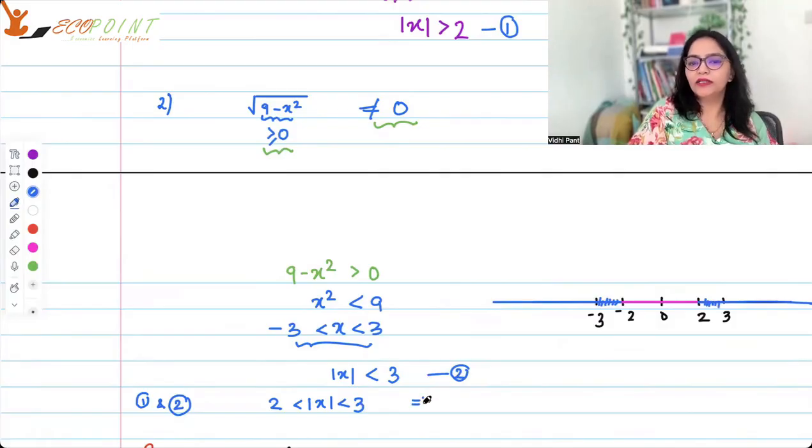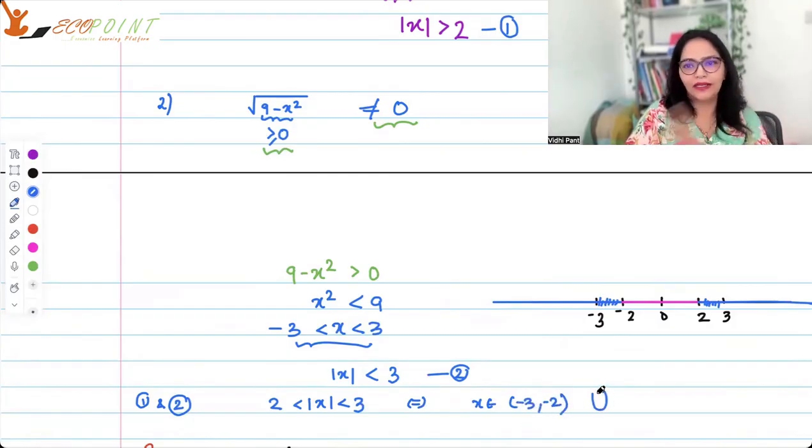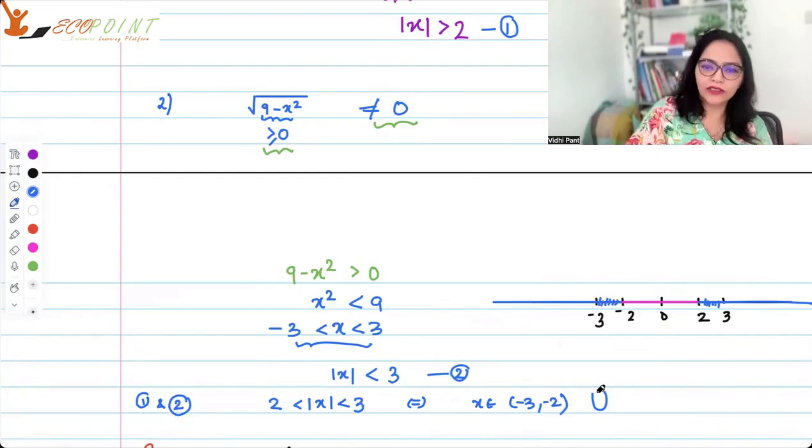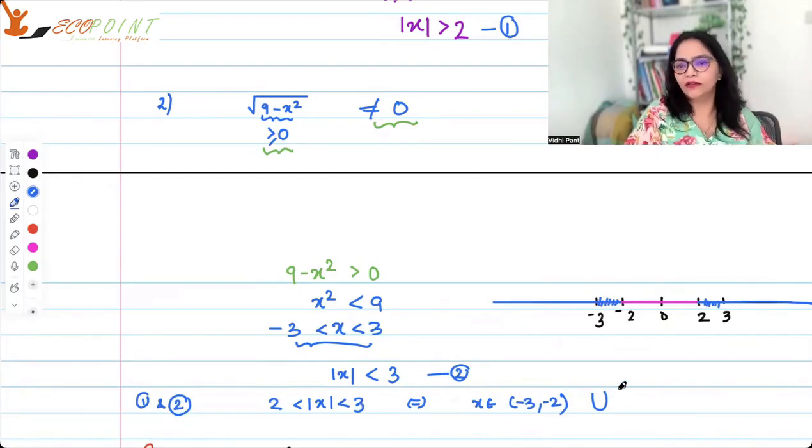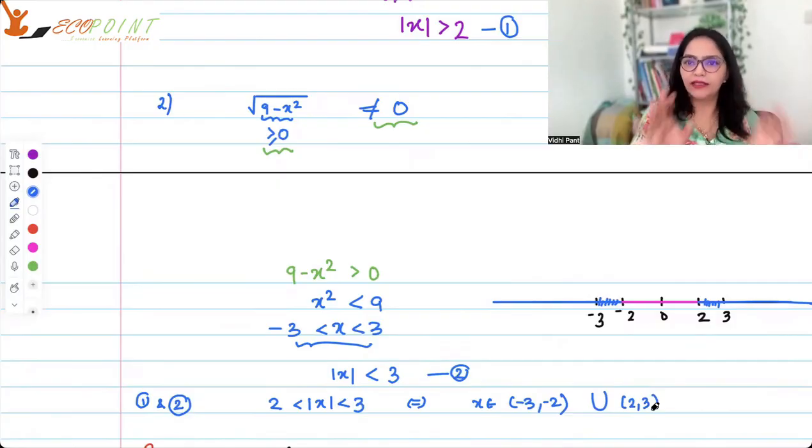In other words, x must belong to minus 3 to minus 2, union, you can't have a common thing, right? So it is a union: either it's here or it is from 2 to 3. All these x's will satisfy the conditions to attain a valid value of this function. All right. So this is your domain.